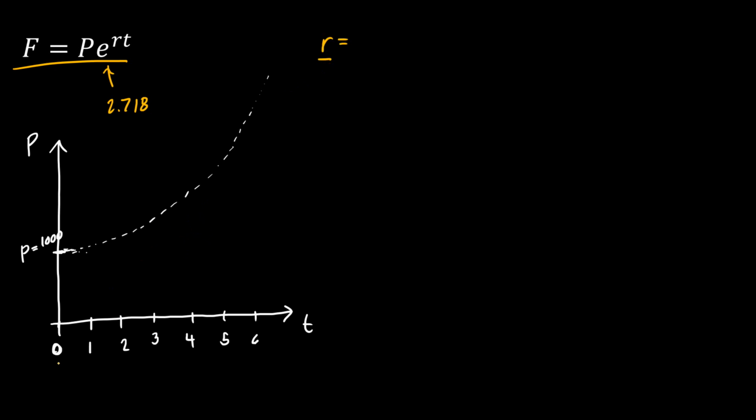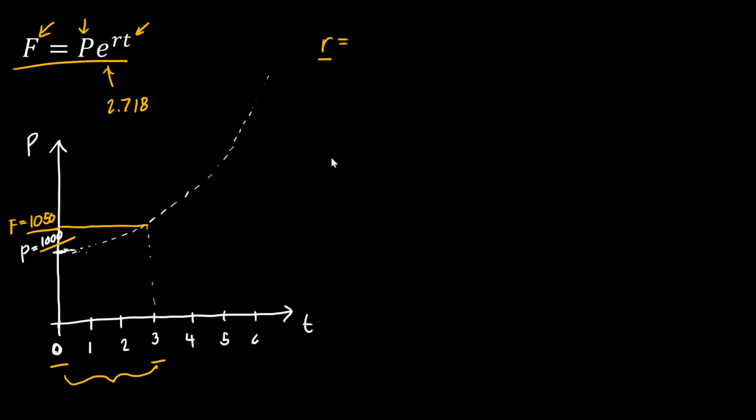Let's say we know the population at the start, and after 3 years the population was recorded to be 1050. Now that we know the population for two time periods and the difference between them, which is 3 years, that information allows us to compute r.